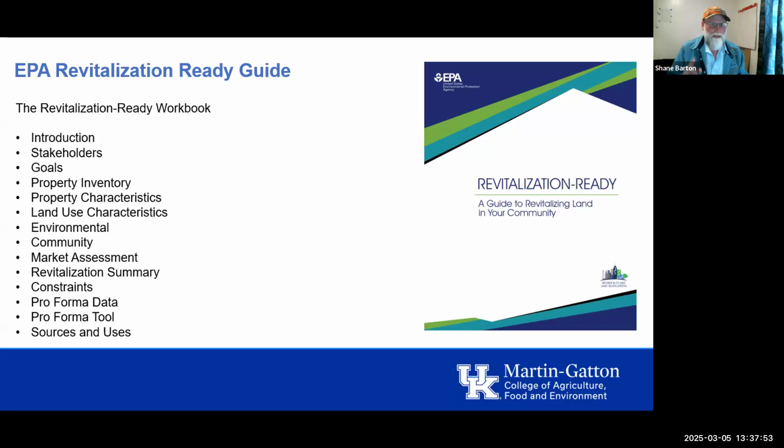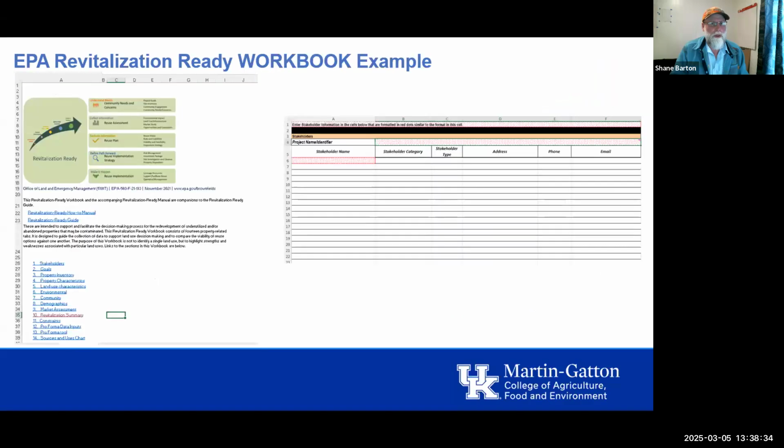It allows you to capture who your stakeholders are, what your goals are, property inventory, property characteristics, land use characteristics, environmental conditions, community assets, community data, if you will. Then it gets into some market-driven things like your market assessment, your revitalization priorities, any existing constraints on that property. And it also provides a great worksheet to start to do some preliminary pro forma or financial feasibility. Again, a great tool that I would recommend you at least explore, and certainly explore that worksheet.